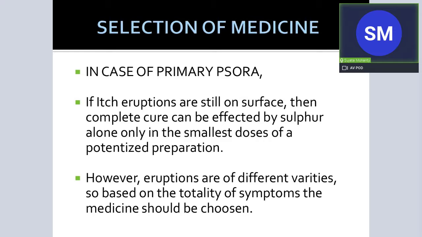If the eruptions are still on the surface, then a complete cure can be effected by Sulphur alone, in only the smallest doses of a potentized preparation. However, eruptions are of different varieties, so we cannot give Sulphur for every case. We have to take the totality of symptoms, and based on that totality, we can choose a perfect antipsoric remedy for that case.